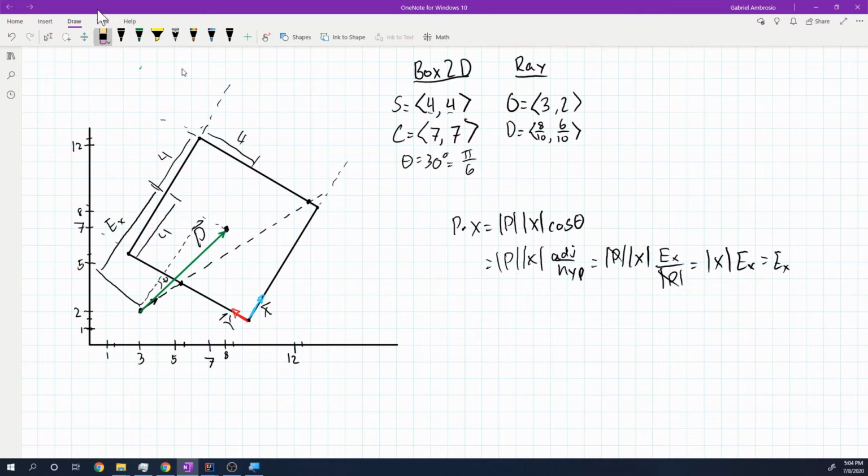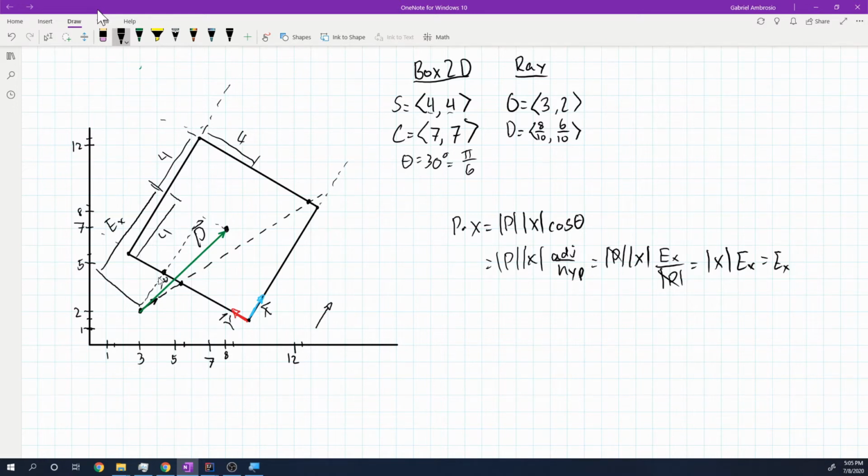And that is we have to scale the vector in the direction of our ray. What I mean by that is, imagine for a second that the ray was pointing the same direction as this axis. So our ray was actually pointing this way, which is the same direction as this axis, which means it would look something like this, and it would hit the box right here. If they're parallel, if they're the same direction, then the problem is solved, right?